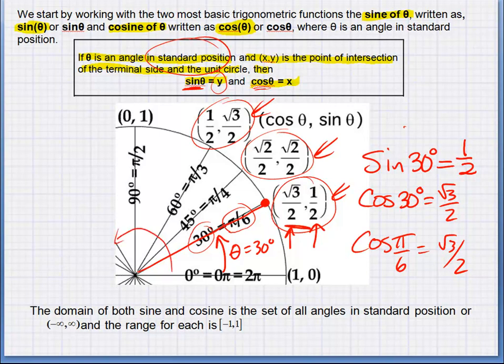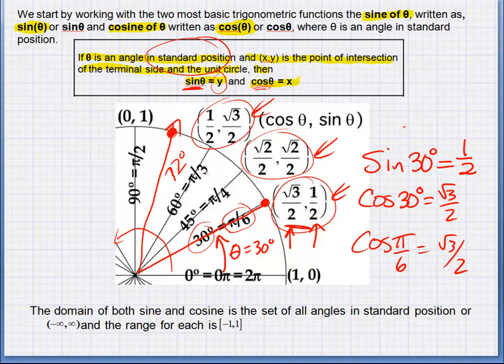Now, if it's some angle like, I don't know, an angle that falls here, say 72 degrees, 72 degrees would fall right there. In order to find the sine or the cosine of 72 degrees, I need to know this intersection point. Well, that's not as easy because I can't remember all the intersection points for every single angle in the unit circle. It's impossible.